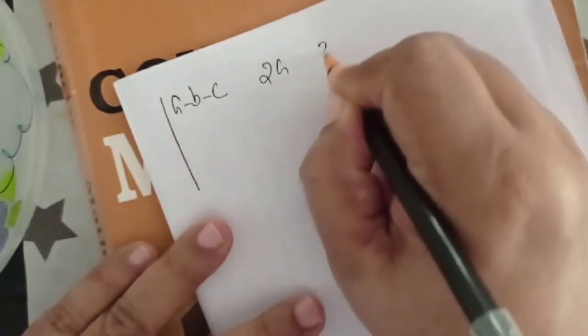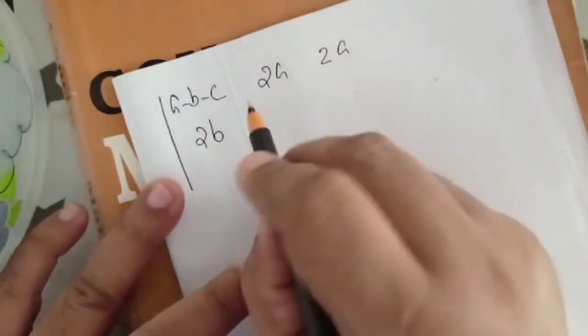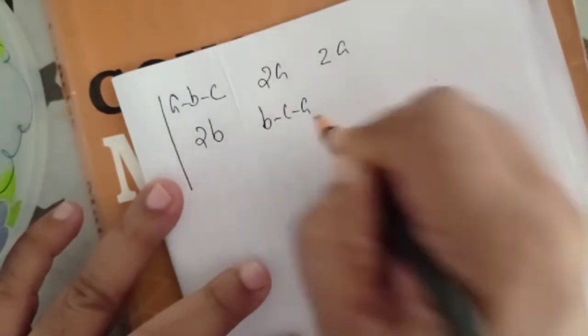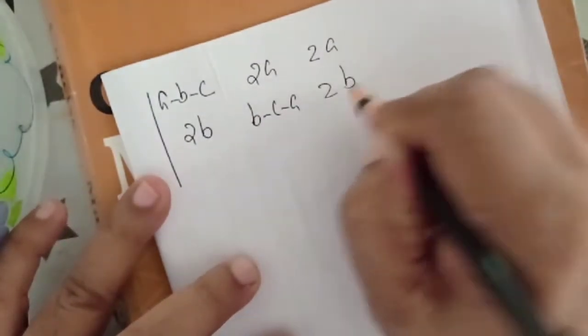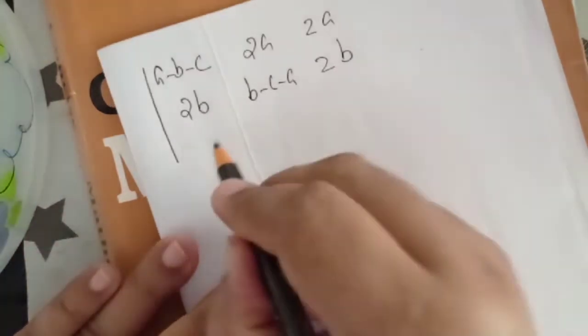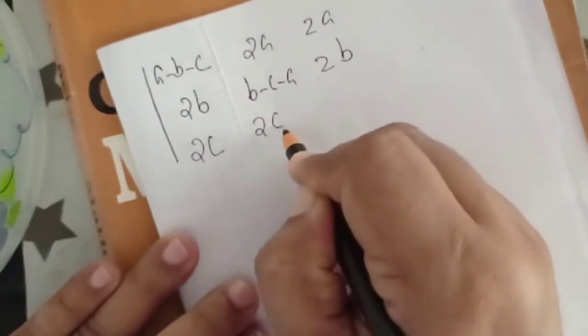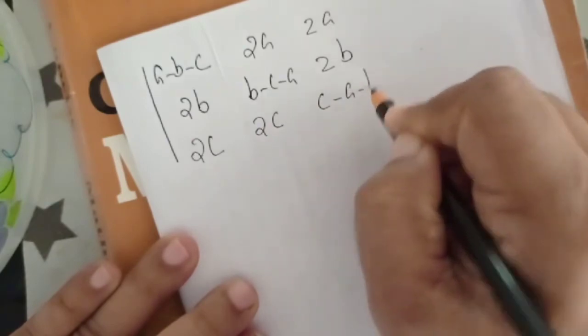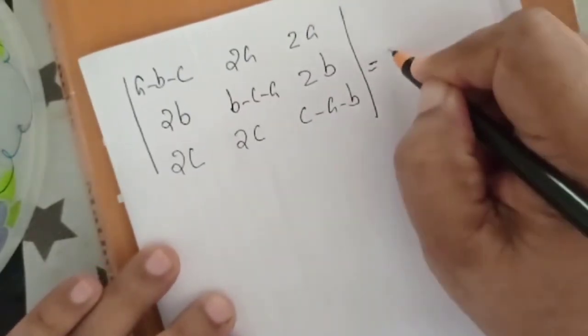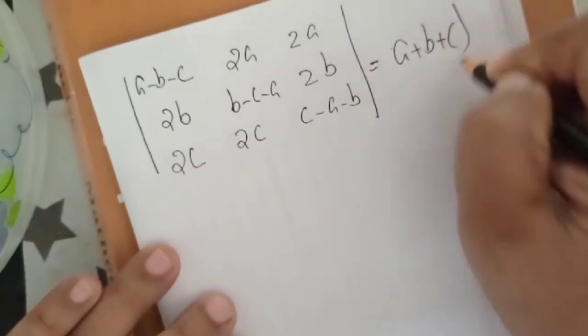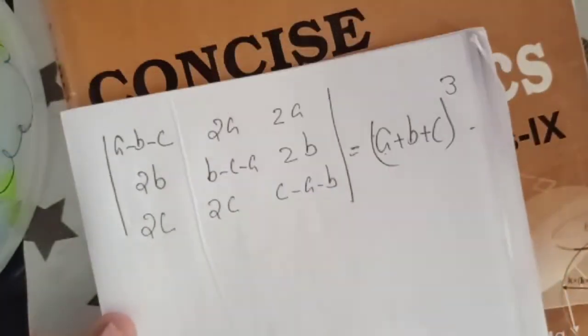The determinant A minus B minus C, 2A, 2A; 2B, B minus C minus A, 2B; 2C, 2C, C minus A minus B. That is equal to A plus B plus C the whole cube. Write the question.